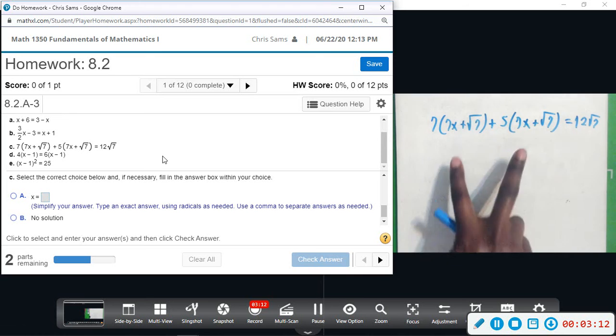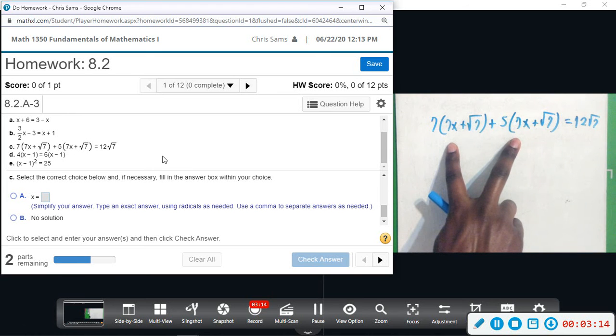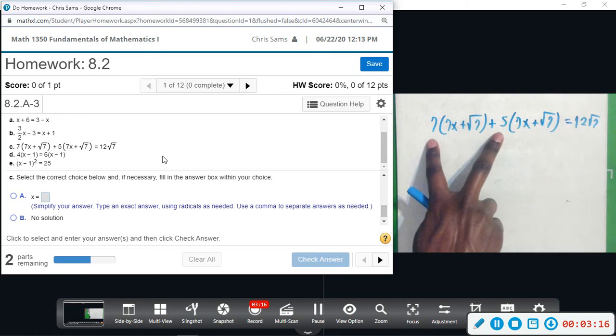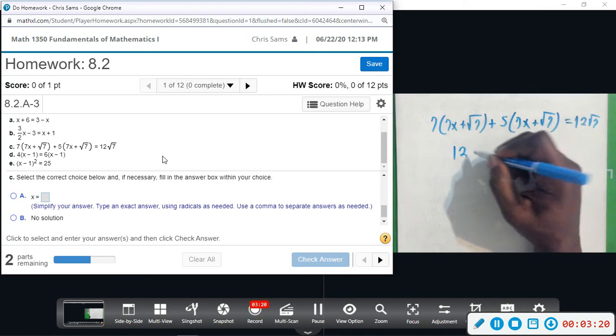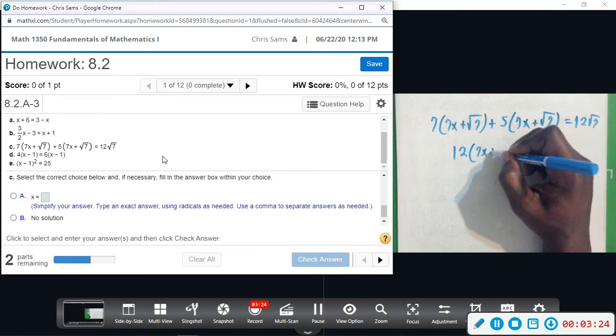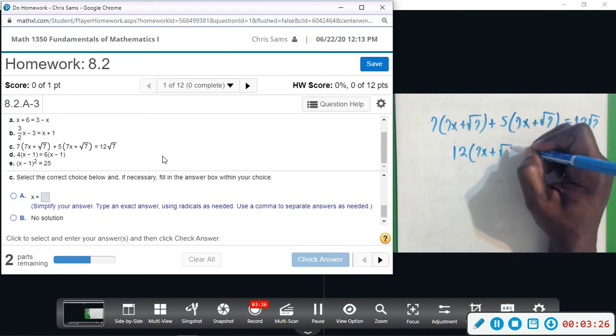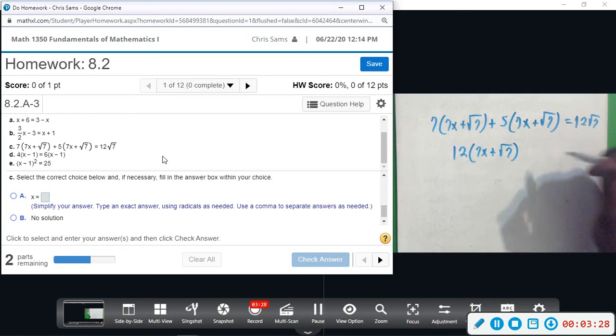Alright, these two terms are the same, so we can just add, and that will give us 12 times 7x plus the square root of 7, equals 12 times the square root of 7.